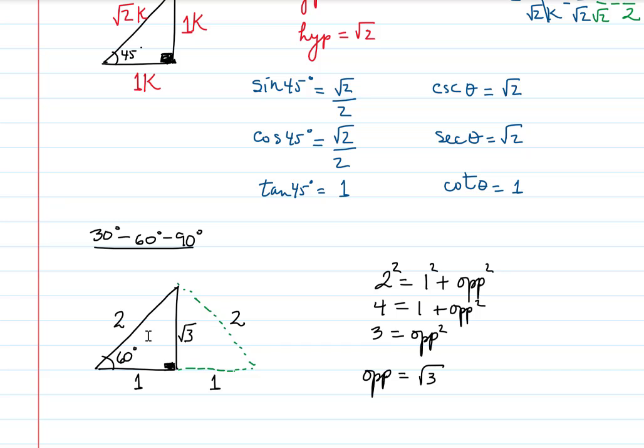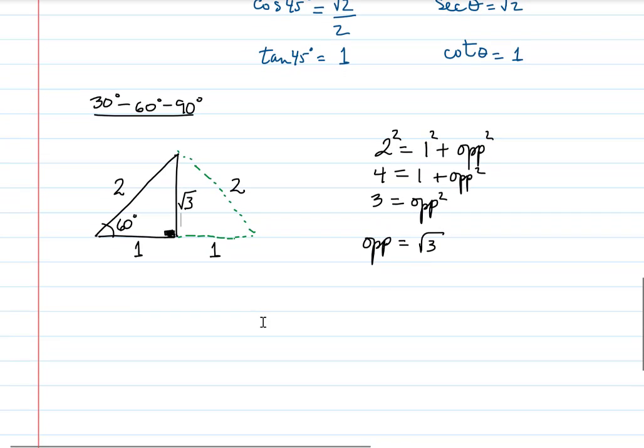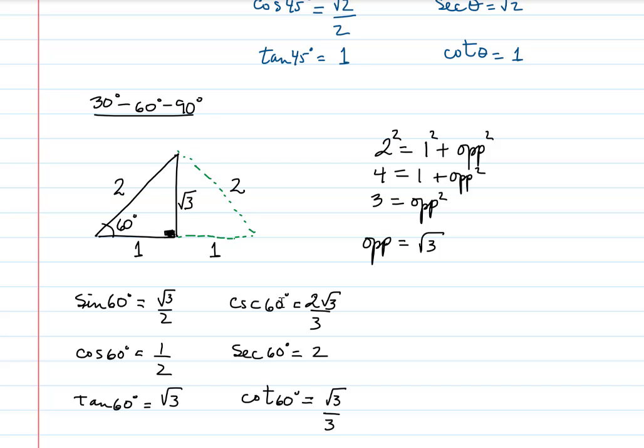Okay, and then I'm only looking at the right triangle now, and we can now figure out the trig functions of 60. And there you have them. Now we can use the same triangle here to come up with the trig functions of 30, because if we use the same triangle right here, this angle right here is 30 degrees.